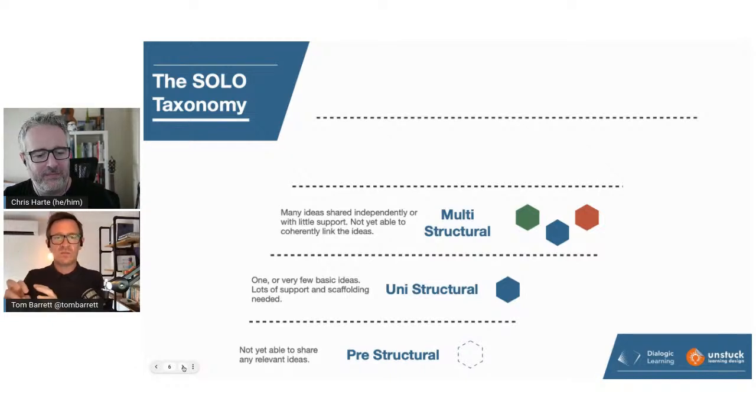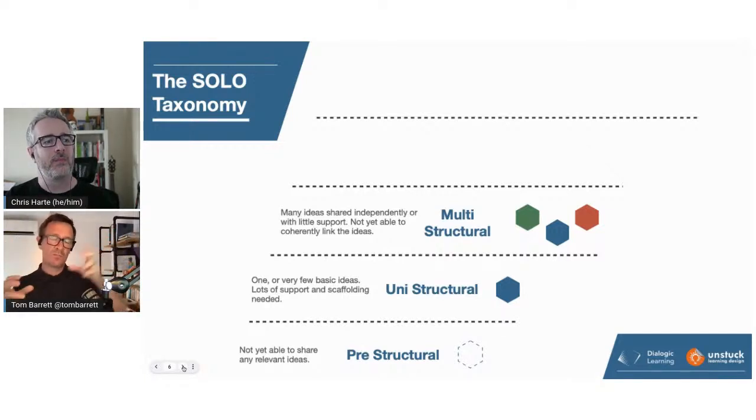And so multi-structural, what distinguishes this level of understanding is that I have many ideas. I can talk about those ideas, but I probably can't quite yet see the relationship, the connection, the bigger picture of those ideas. I can list things off, but not necessarily coherently link those ideas together.